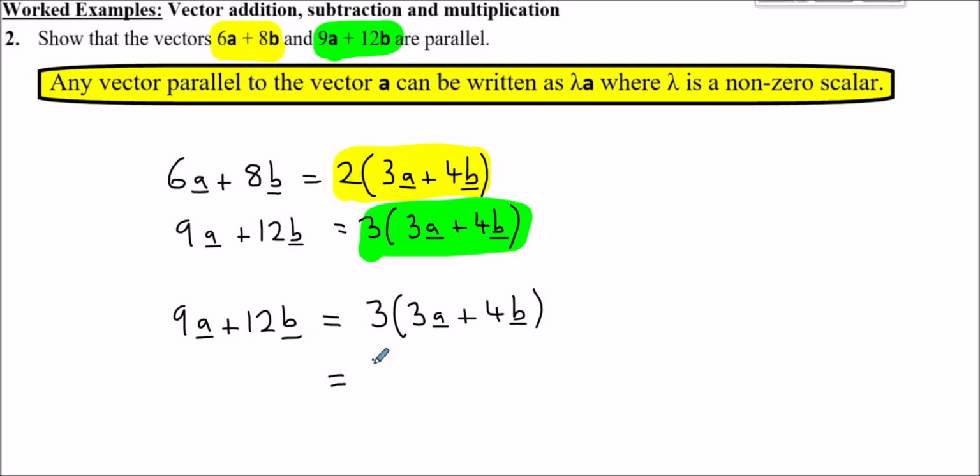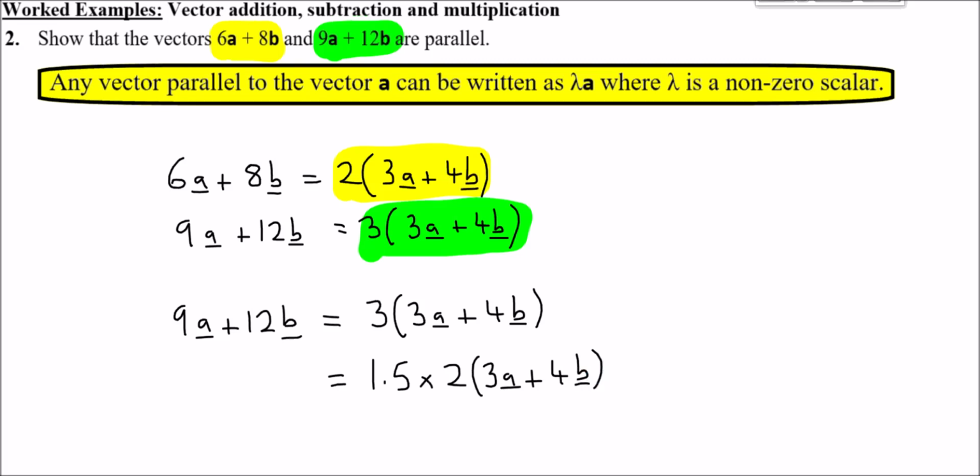So it's actually 1.5 times as big as 2 lots of 3a plus 4b.